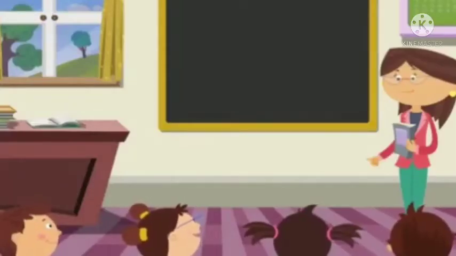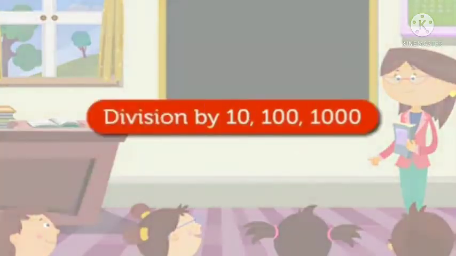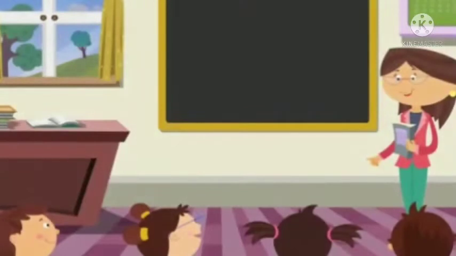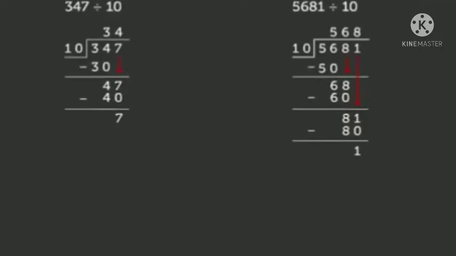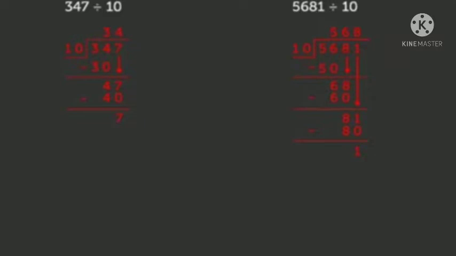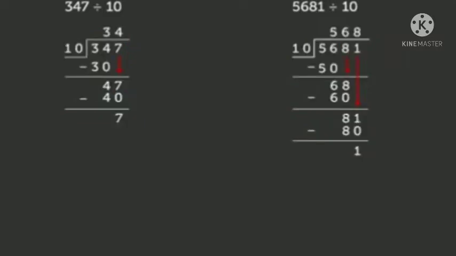Today, let us learn division by 10, 100 and 1000. Let us begin with division by 10. Look at the board. We have solved two examples by the division method. Look at the first example. 347 divided by 10.